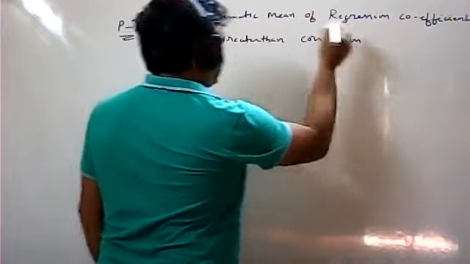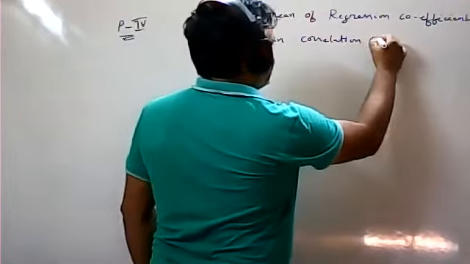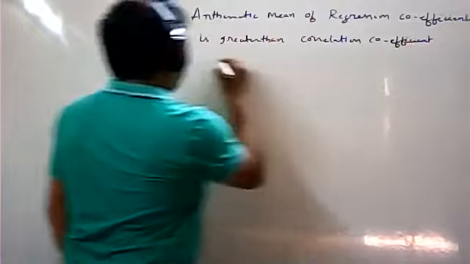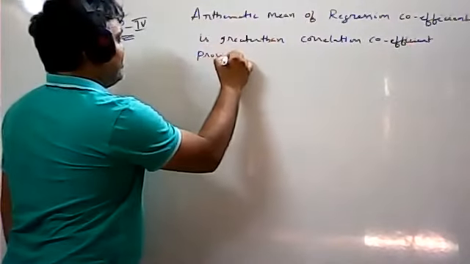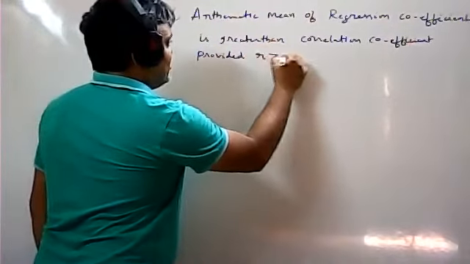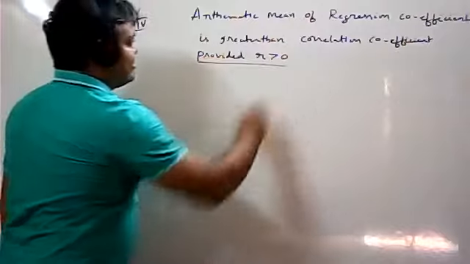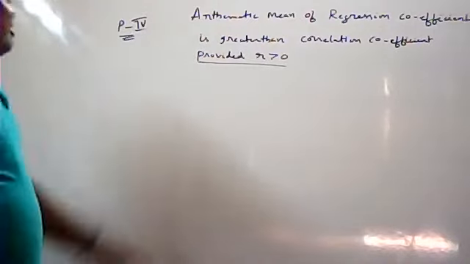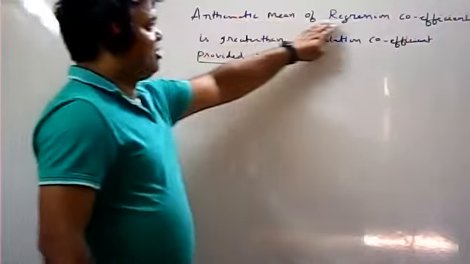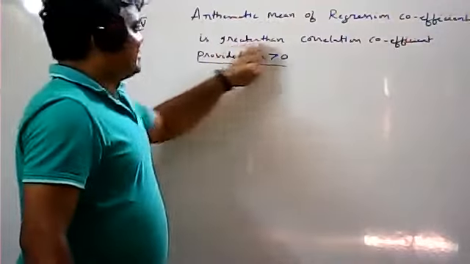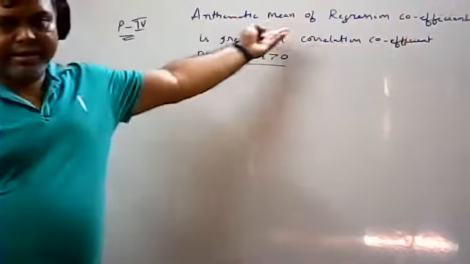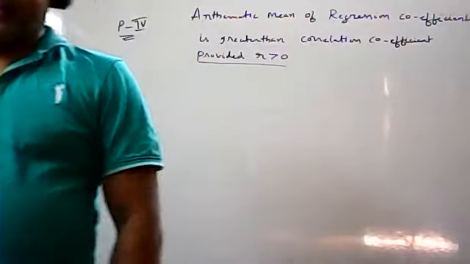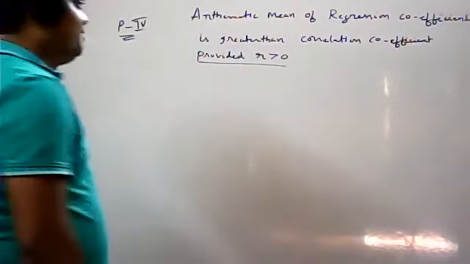Otherwise you can write greater than or equal to, no problem, provided r greater than 0. What is property number 4? Arithmetic mean of regression coefficients is greater than or equal to the correlation coefficient, provided r greater than 0.